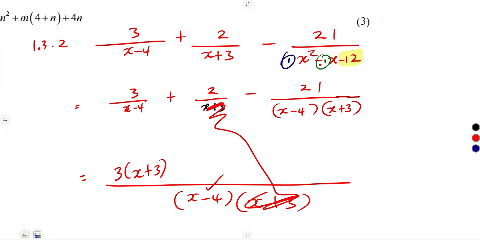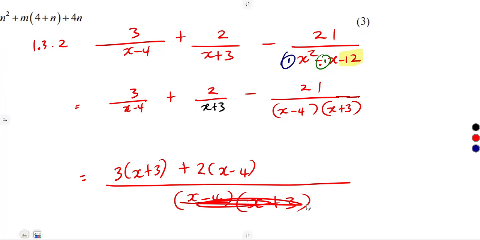You remain with x minus 4. So it is going to be plus 2 into x minus 4. The last part, the two denominators are going to cancel exactly, so you remain with 1 there. So it's negative 21 times 1.